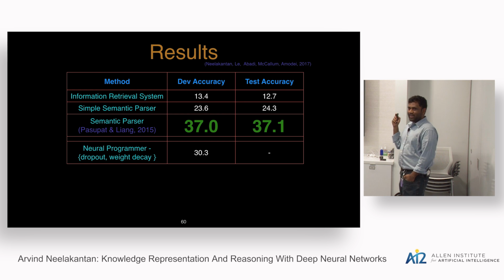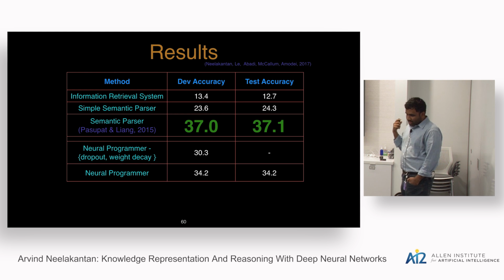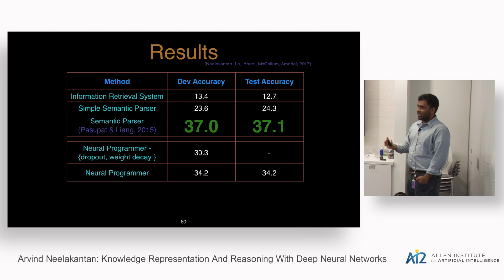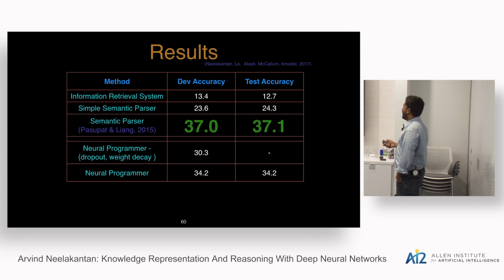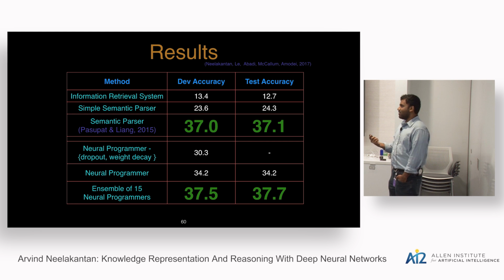This is Neural Programmer without dropout and weight decay, and that gets 30%. Since the data set is extremely small, we had to add all kinds of regularization, and everything helps. We were able to get something like 34%. And then finally, by ensembling 15 models, we were able to match the performance of the semantic parser.